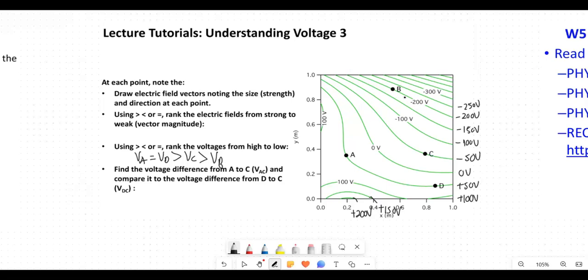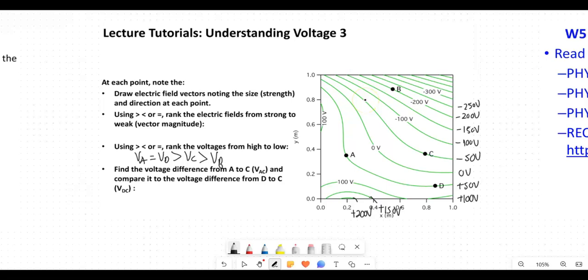Now, we know the electric field is kind of pointing up and to the right. It's got to be pointing downhill. The electric field lines need to be perpendicular to the voltage lines, okay? Now, we have to think about it. Now, the slope, which is the voltage difference, the slope in between each one of these lines is the electric field, right?